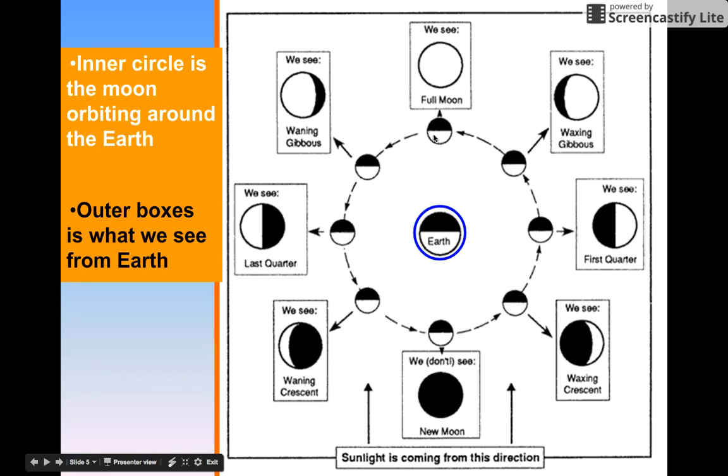If we were here, we would see the whole illuminated side, the full moon. Then the lit portion gets smaller: waning gibbous, last quarter, and just a sliver, the waning crescent, and back to new moon.